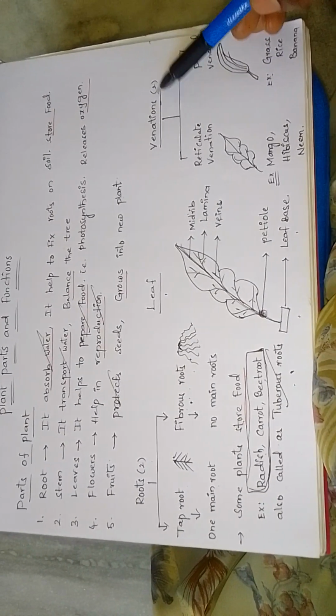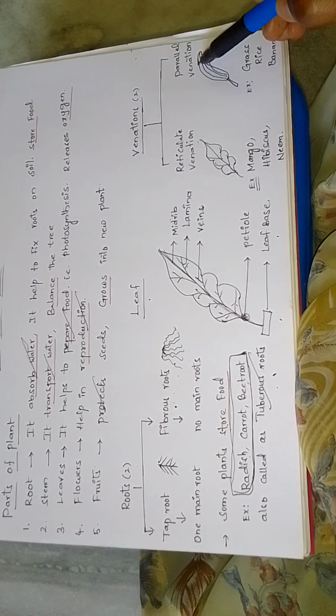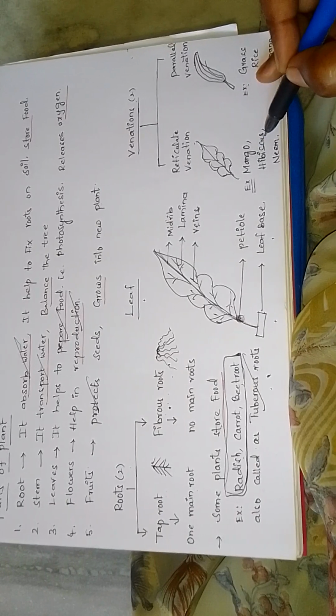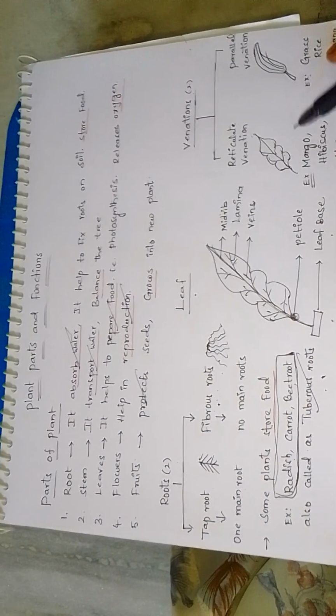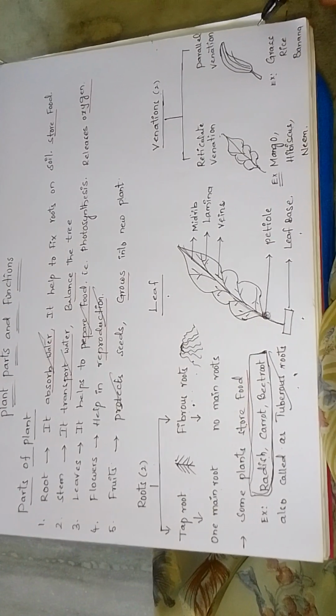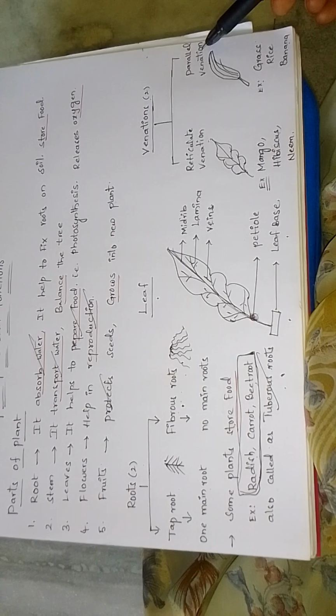Next, venations. Venations are 2 types: reticulate venation and parallel venation. Reticulate venation examples are mango leaf, hibiscus leaf, neem leaf. These are all reticulate venation leaves. And grass, rice, banana leaves are parallel venation leaves.